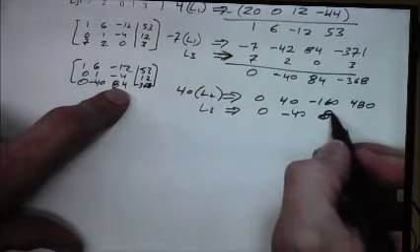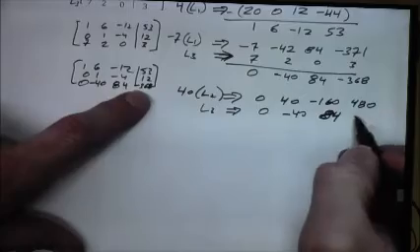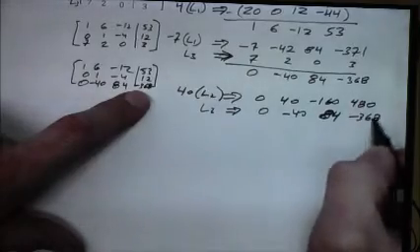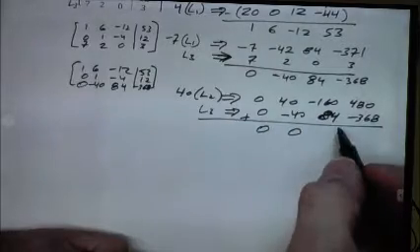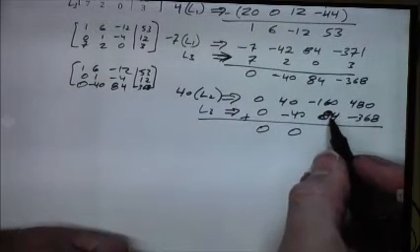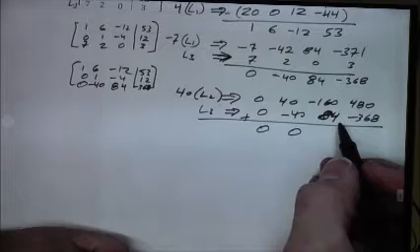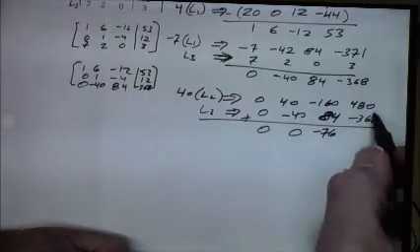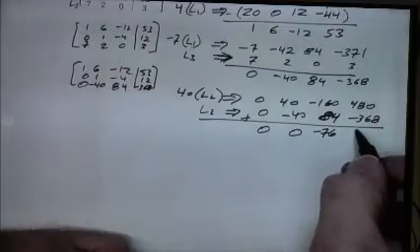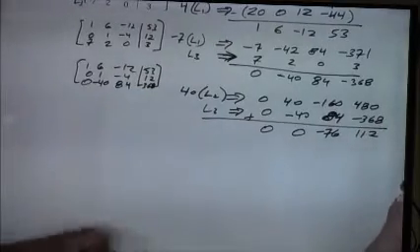This one's an 84, and then -368. And now we can add 0, 0. -160 plus 84 would be -76. And then 480 take away 368 is 112.